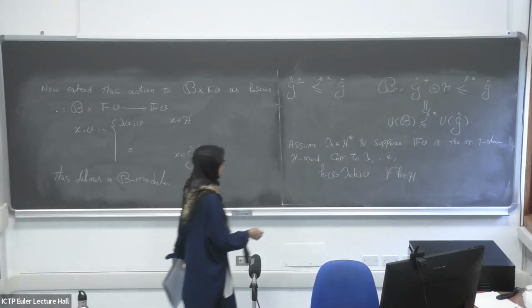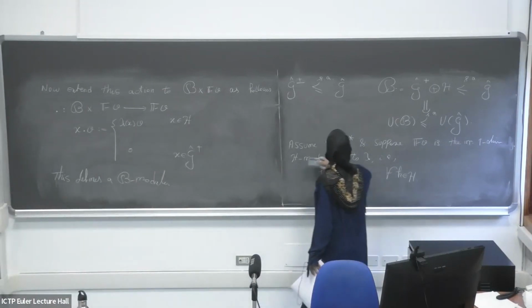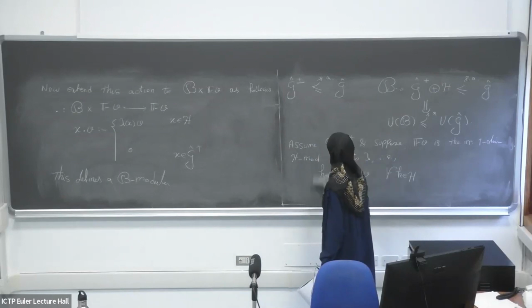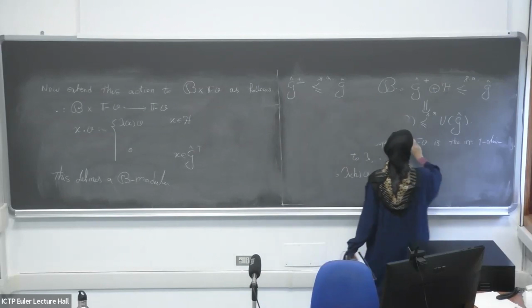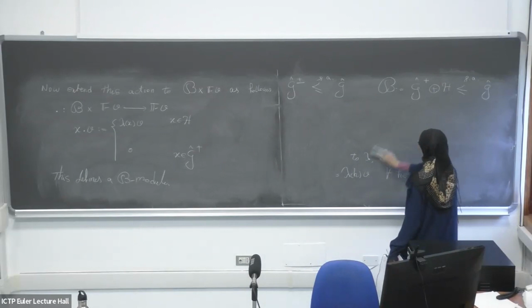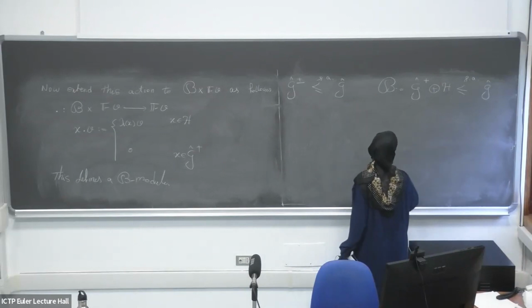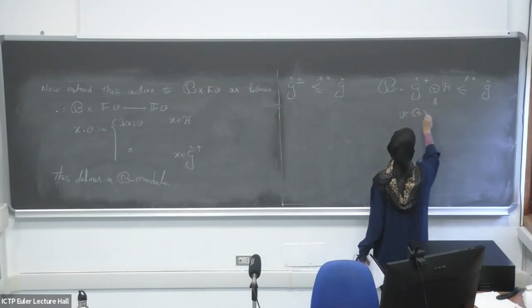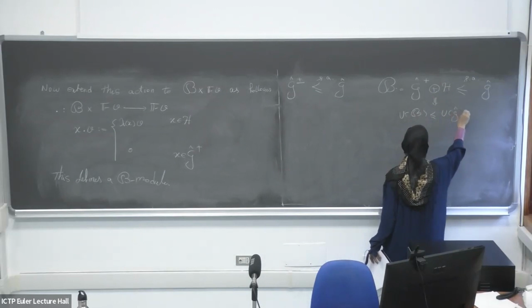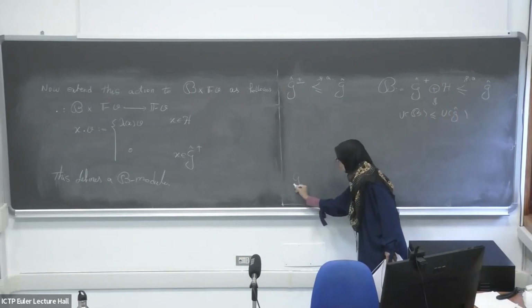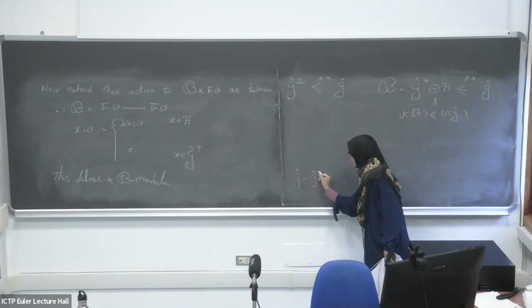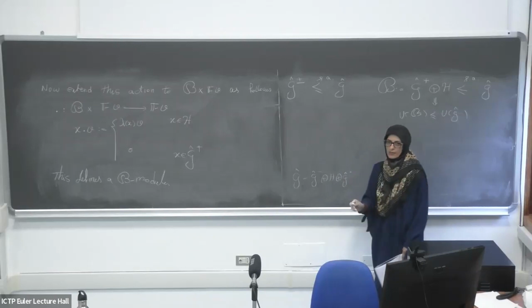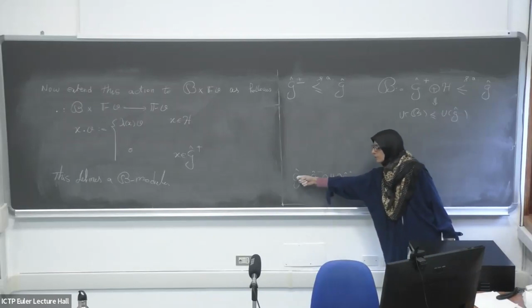Now, the interesting point is coming up now. Look at this. We had G hat minus, H, G hat plus. We want to have a module on G hat.